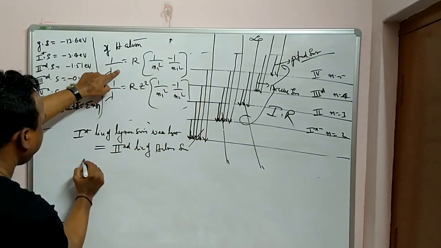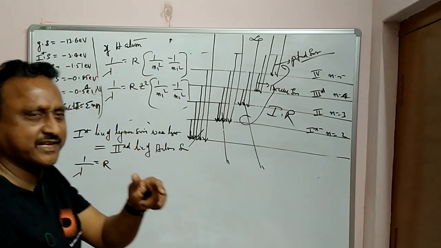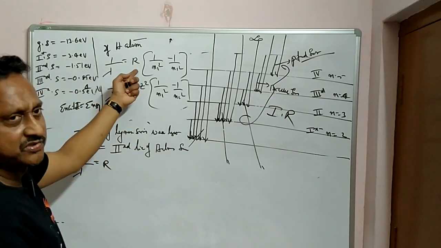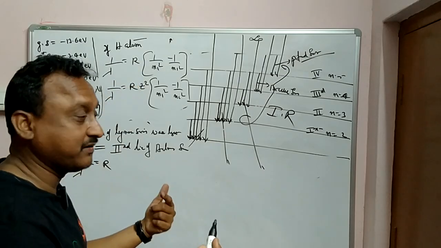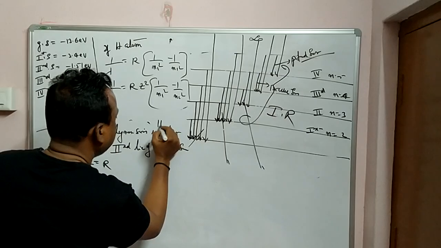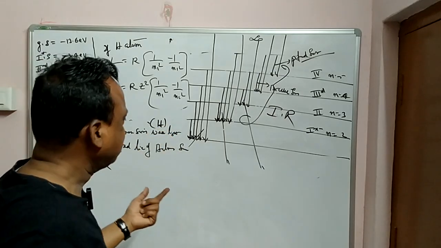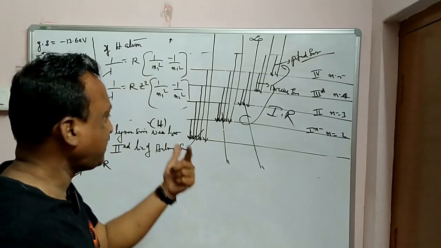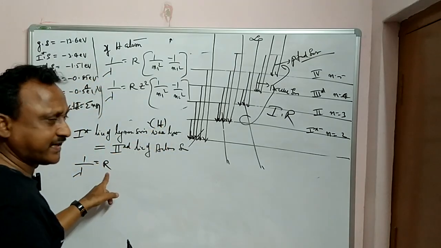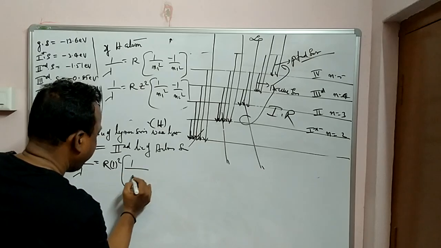So if you apply the formula here, 1 by lambda is equal to R. Suppose it is a hydrogen atom, you need not put Z. If it is not a hydrogen atom, you have to put Z. Because it is hydrogen, you can take one value, 1 square, Z square into 1 by N1.